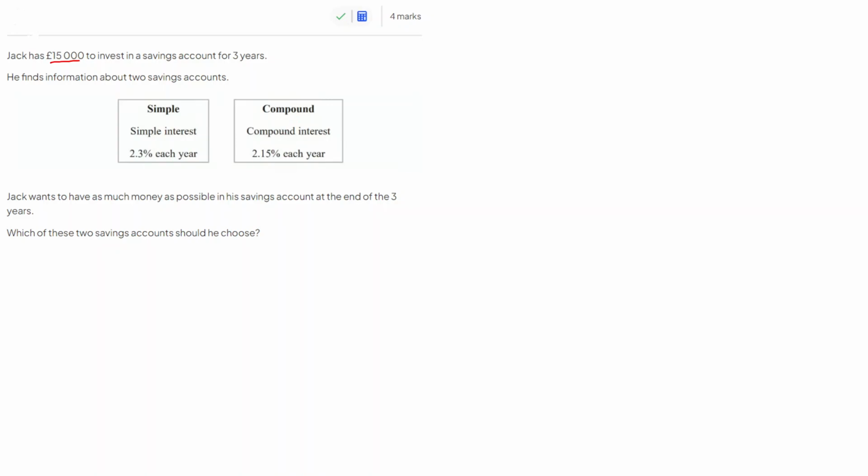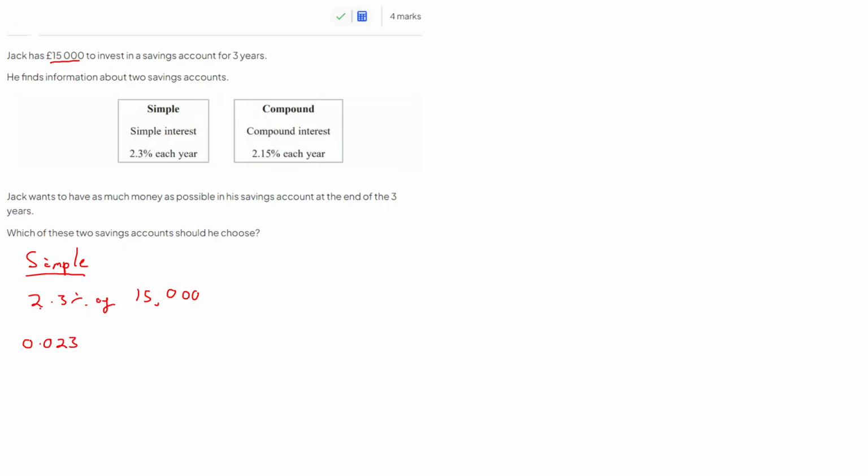So let's begin by looking at the simple interest option. With simple interest, you just find the percentage of your amount. So to find 2.3% of £15,000, I'm going to get 2.3% as a decimal. Remember, percent means per 100, so we're doing 2.3 divided by 100, which is equal to 0.023.